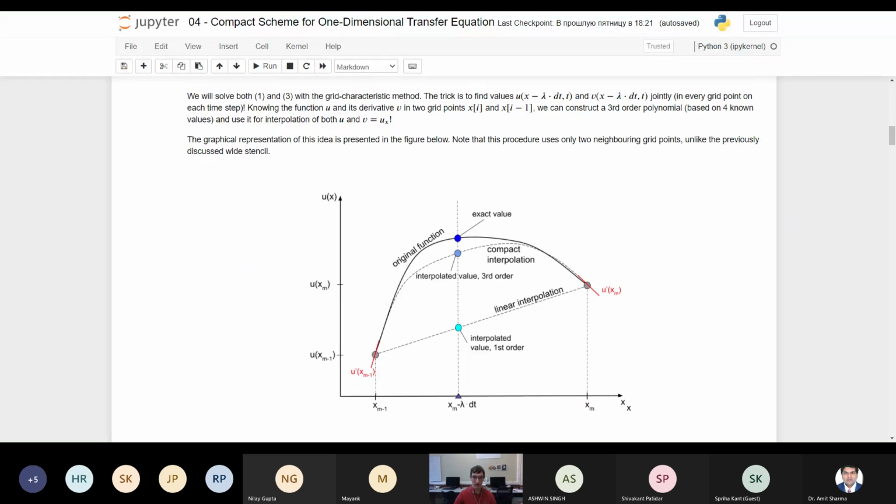Let's take a look at this picture. We have the spatial axis x, and on the y-axis we depict the function values u. We consider 2 points of our computational grid with subscripts m and m-1.